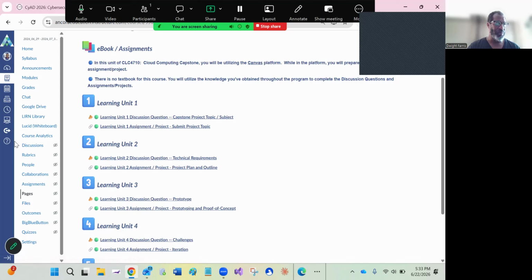As I mentioned, functional and non-functional requirements in your report. So you can use the discussion question to generate kind of the framework of your actual report for the assignment. Network architecture, use that knowledge. Cloud services, what cloud services are you looking into? Security controls.